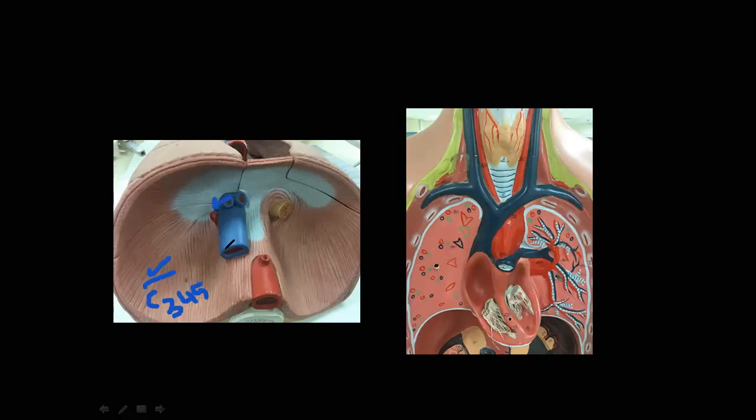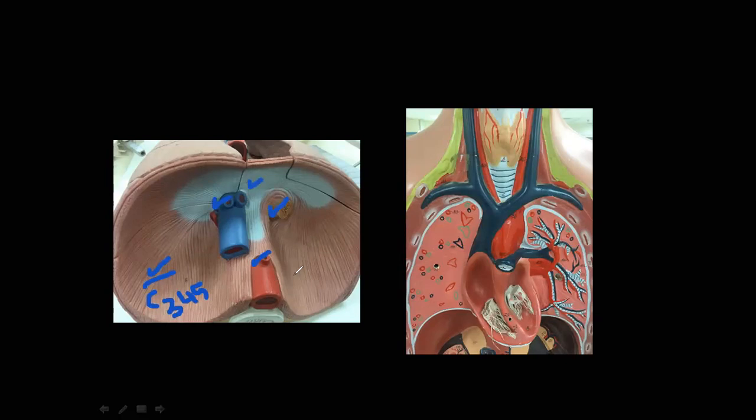Inferior vena cava. At which level? T8. Identify this opening. Esophagus. At which level? T10. This one, aortic opening. At which level? T12.